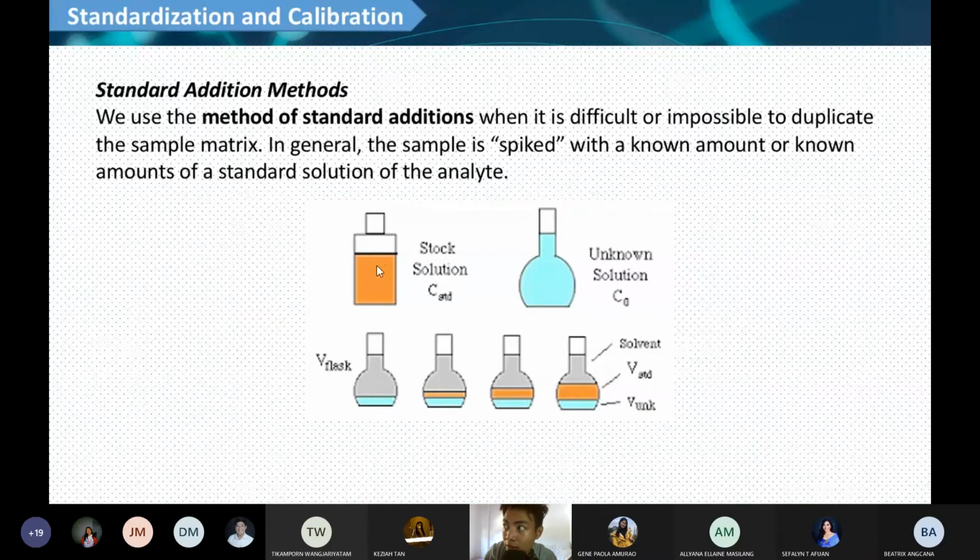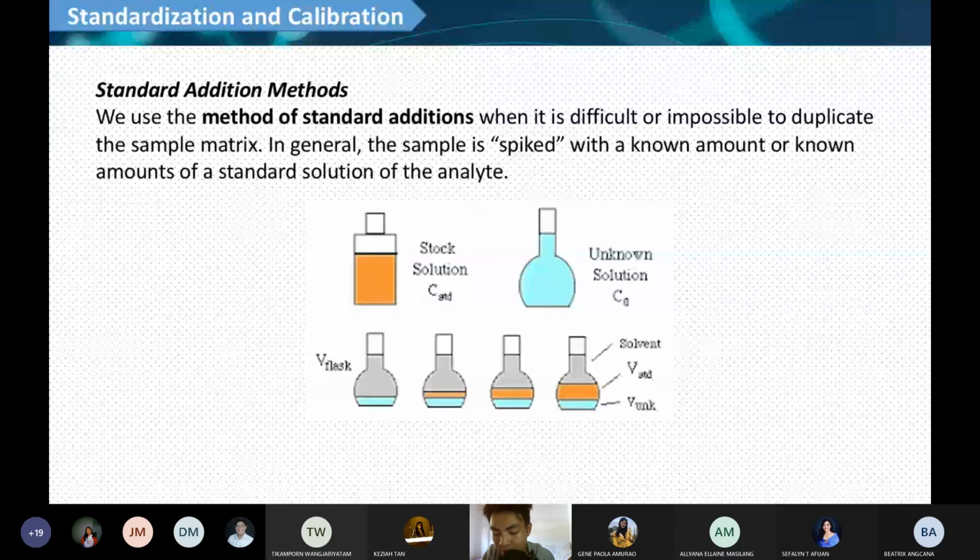So when you add this standard concentration into your unknown solution, the concentration reading must change. Depending on the change in the reading of your analyte, you can do ratio and proportion to determine the original concentration of your unknown solution.